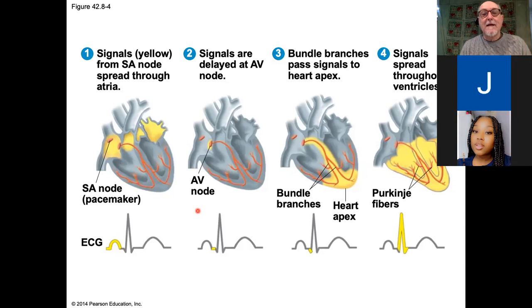And if you've ever had an ECG, an EKG, EKG, by the way, is the same thing, it's just a German acronym. But if you've ever had an EKG, you know they put sensors all over your body, and this is exactly what they're measuring. They're measuring what is happening at those pacemakers.